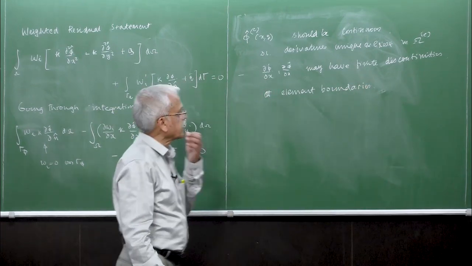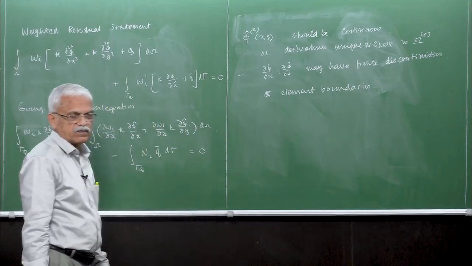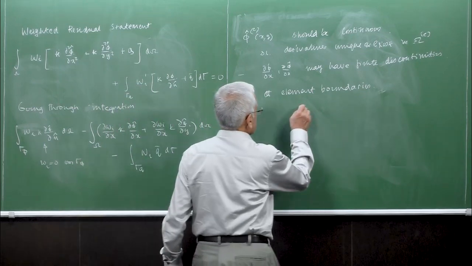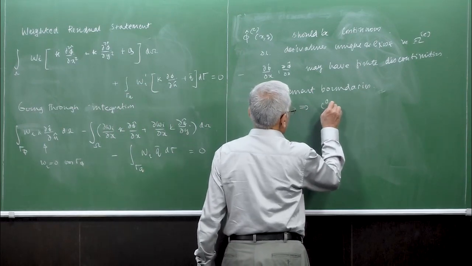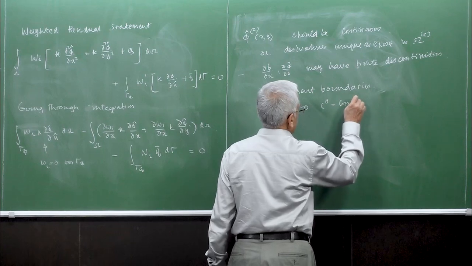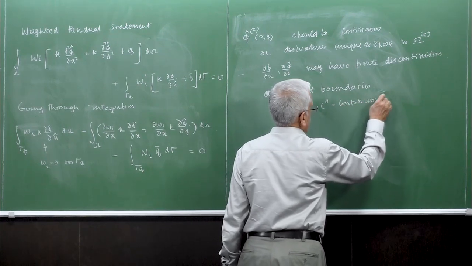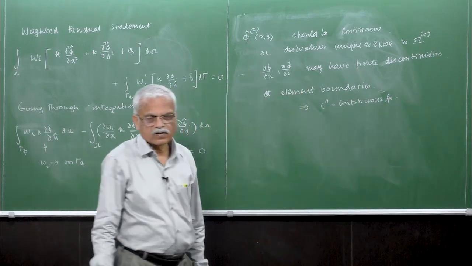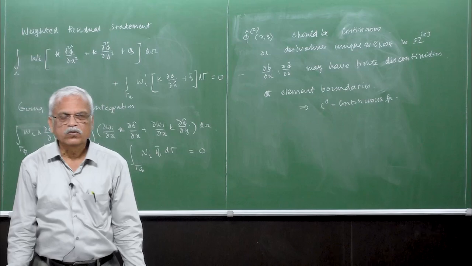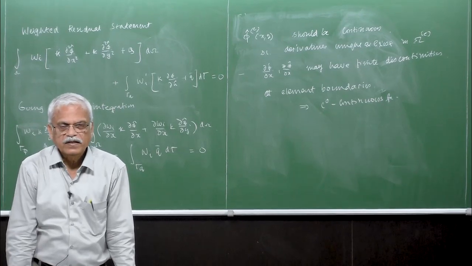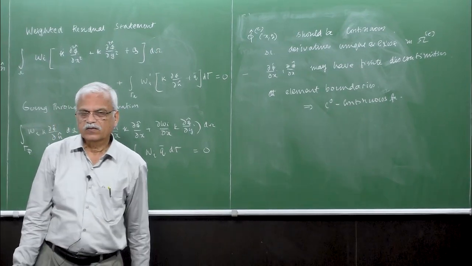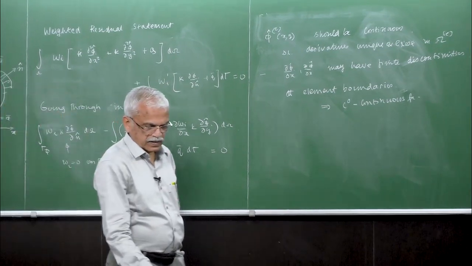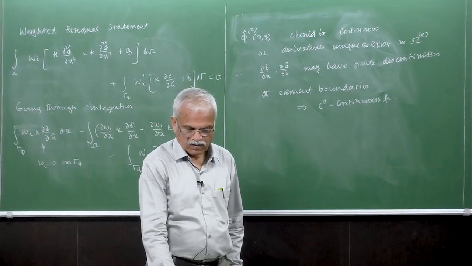So this is very important. That means that the derivative may have finite discontinuities at the element boundaries. Such a function is called a C0 continuous function. The function is continuous and it may lead to some discontinuity in the derivatives, but these discontinuities are finite in nature. So essentially, the integration can be done of the derivative.